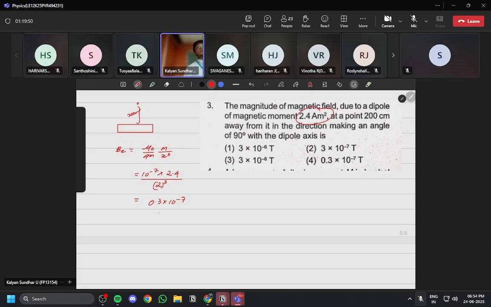Third or fourth option? Both have 10 to the power minus 7. Oh, third and fourth, sorry. What is the option they have given in the book, sir?